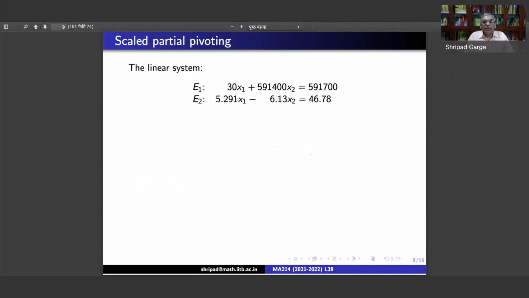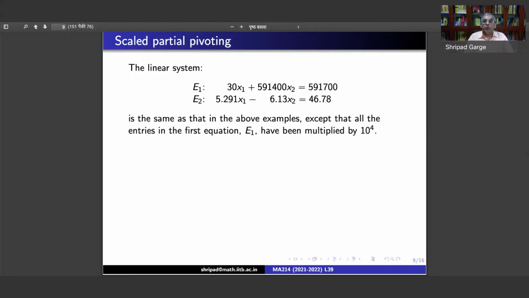If you remember carefully, this is the same as our earlier linear system, except that we have multiplied the equation E1 by 10 power 4. So the 0.003 has now been made into 30. The 59.14 has become 5,91,400 and 59.17 is now 5,91,700.